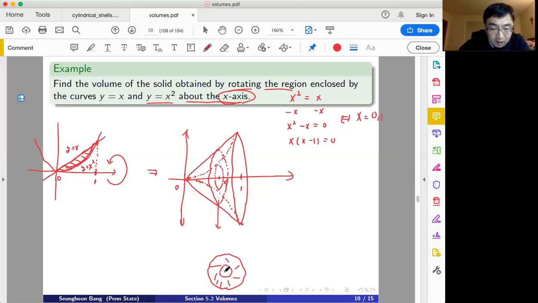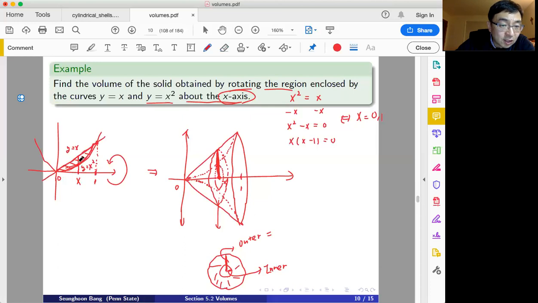So how can you find this volume? You find the outer radius and the inner radius. What's the outer radius? Here, this is the center. The outer radius is where you cut, moving to the x value here.